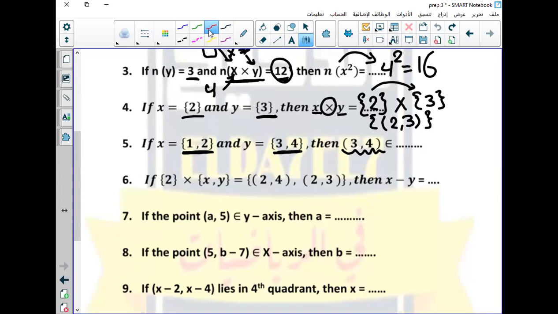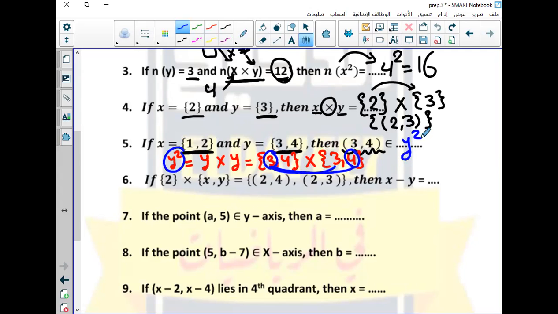If you write y power 2, it will be equal to y times y, y equals 3 and 4 times 3 and 4. How can we make a Cartesian product? 3 times 3 and 3 times 4. Then 3 with 4 will belong to y power 2. Okay, the ordered pair 3 with 4 belongs to y power 2. Okay.